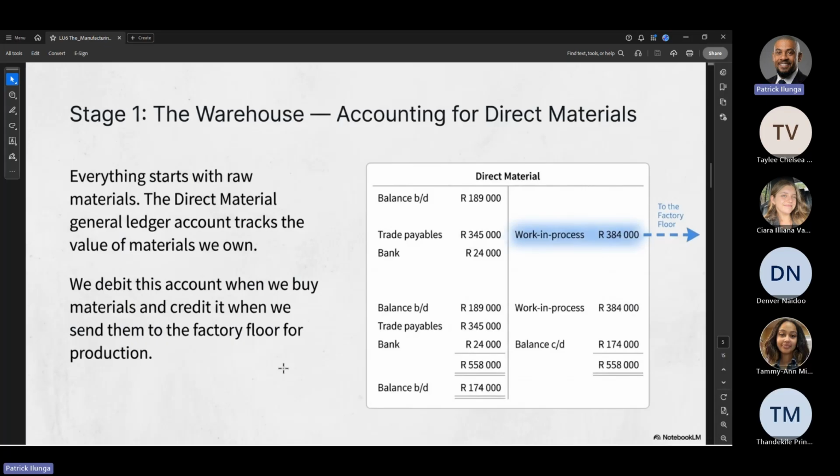All right, so now let's deal with an actual ledger. And you can see it in front of you. Let's use the example of a direct material ledger. Remember, it's a ledger, meaning there will be a left and a right, and we have a balancing that we have to do. You know, imagine a scale, right? You have to do the balancing act, right?